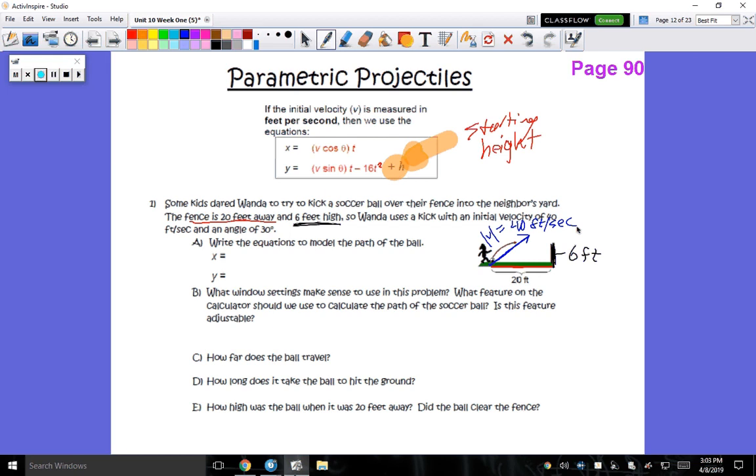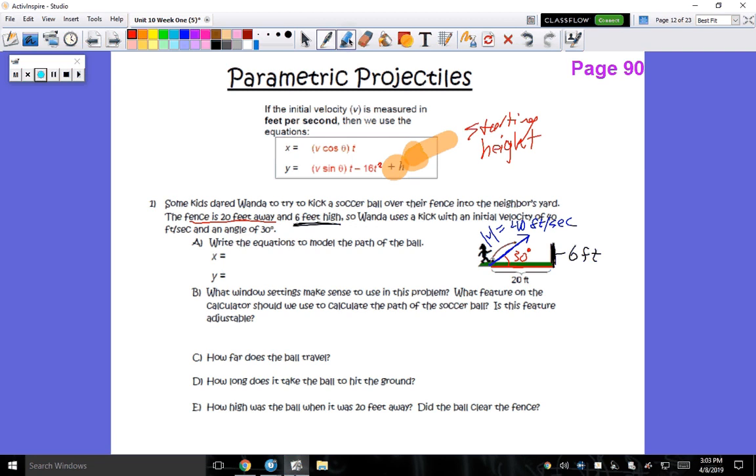Okay, and last but not least, the angle is 30 degrees. See, you're going to have to draw the drawings, okay? We're creating those angles, creating that position, and all that other stuff.